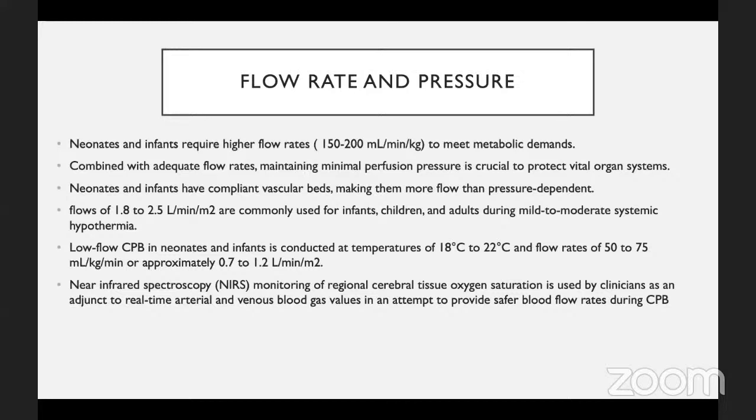And from there up to 10 kilos is up to 150 ml per kilogram body weight. So those are the flow rates that you use up to 10 kilos. So that's the second landmark for 10 kilos. The one is the femoral cannula, and the other is the flow rates.